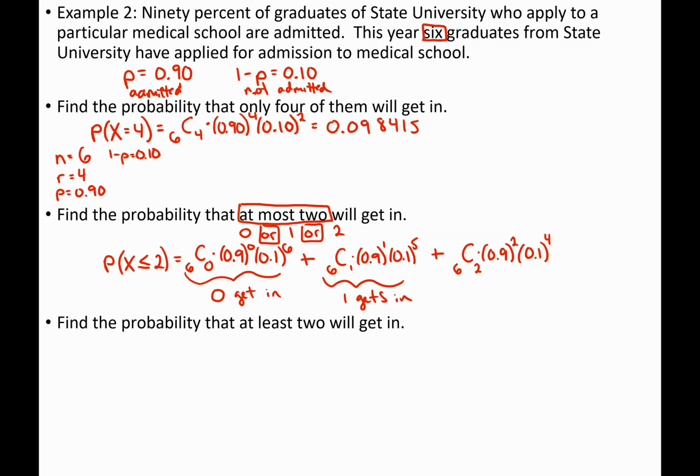We're going to have 4. And then this is our 2. 2 get in. So for that at most piece, we need all 3 of those cases, not just 2. That's what happened to some of us on our Unit 4 test when we saw at most 2. We found the probability for exactly 2, and then we moved on. So I want to make sure we revisit that at most today.